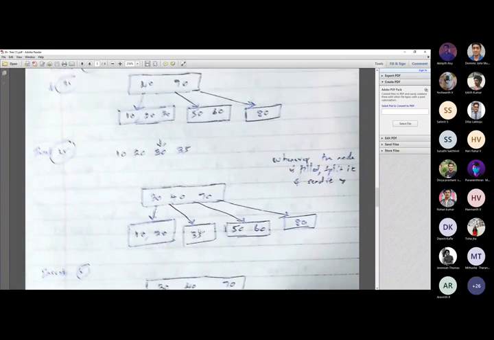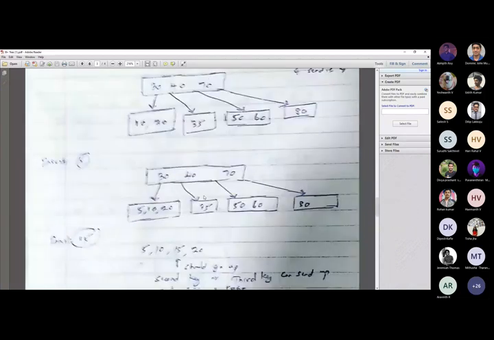Once 35 is inserted, you need to break this leaf node 10, 20, 30, 35. This leaf node has to be split, and one key has to go up. So 30 goes up. At most you can have only 3 keys in the root node, and the root node has 3 keys.